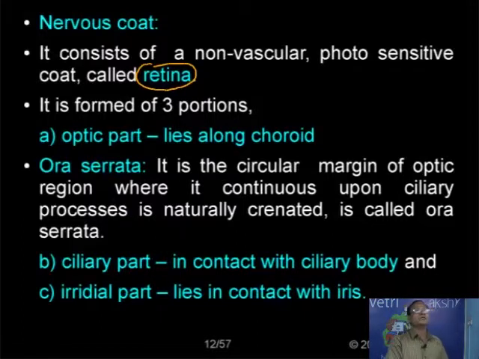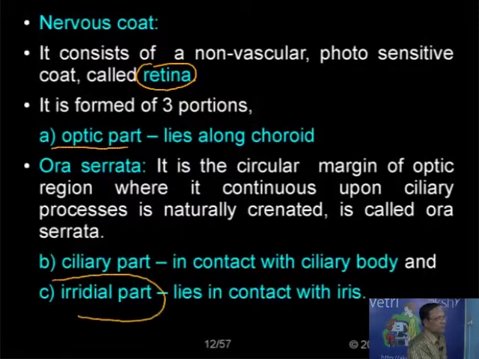Now this retina is formed of three parts, or three regions. One part is called the optic part, the major part, which lies along the sclera. Then the part lying very close to the iris, in contact with the iris, is called the iridial part.